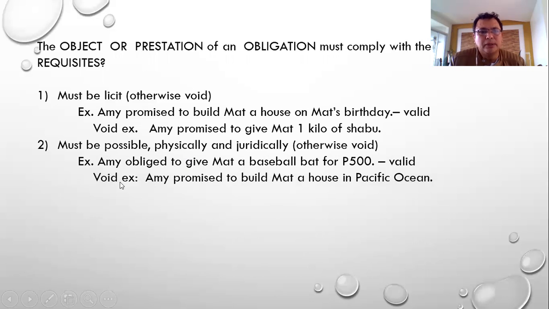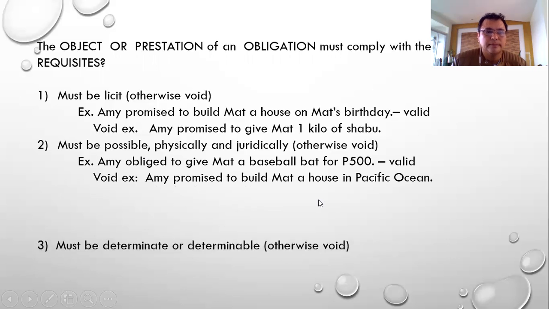A void example is when Ami promised to build Matt a house in the Pacific Ocean. So how can it be physically possible for Ami to build a house in the middle of the Pacific Ocean? That's physically impossible. So that's a void obligation.